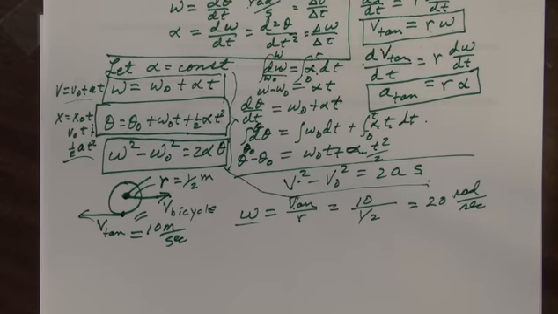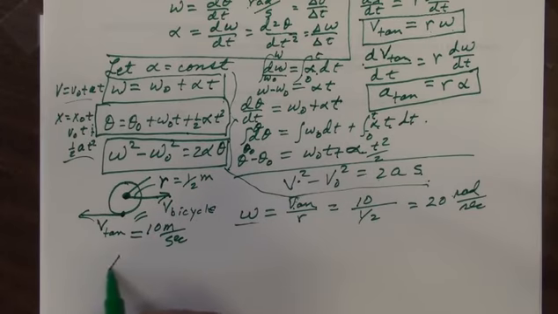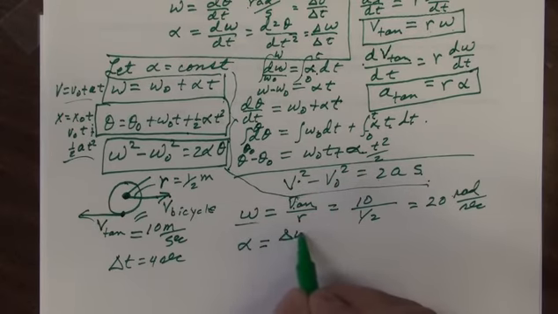Now let's suppose that we take this bicycle and we stop it. And we stop it in a time of 4 seconds. Delta t is 4 seconds. Then alpha is going to equal to what? The change in omega over the change in time. Well, what's the change in omega?